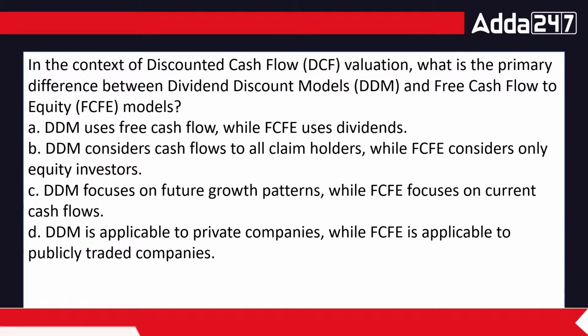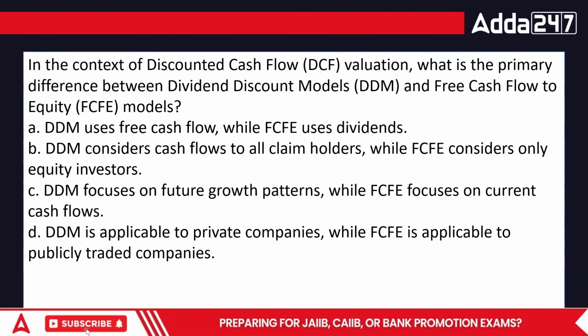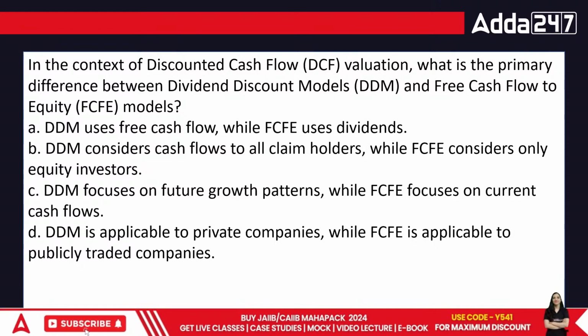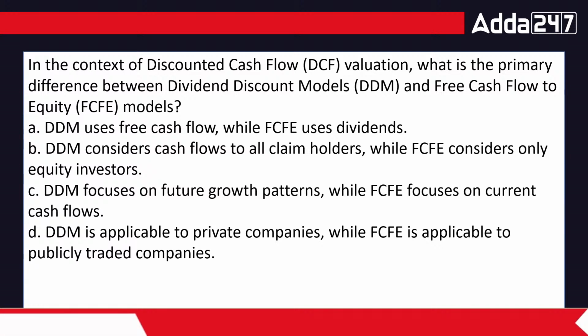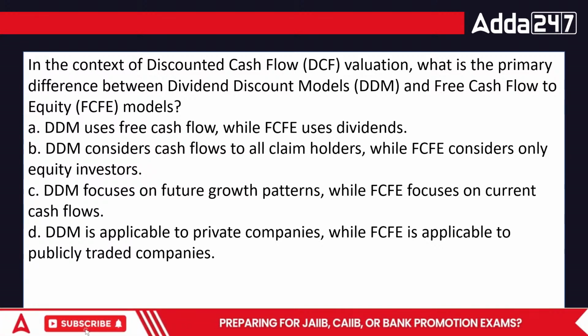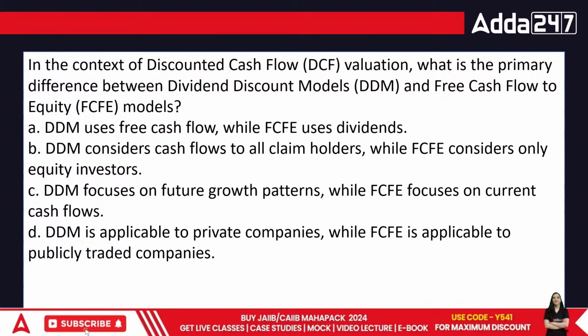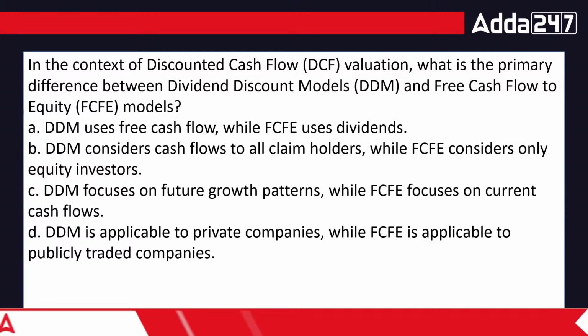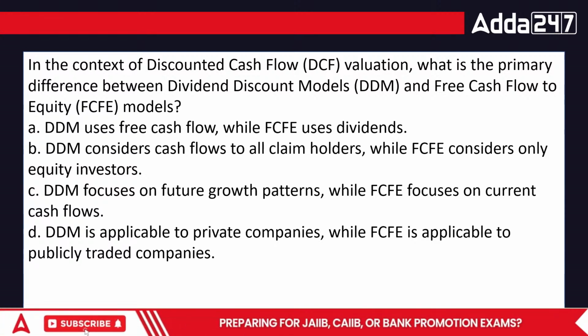Okay, chaliye. In the context of DCF, everyone, this is related to discounted cash flow valuation. What is the primary difference between DDM and FCFE models? Dividend discount models and FCFE. Dividend discount model uses the dividend area, and FCFE talks about the entire funds that you are receiving, right?